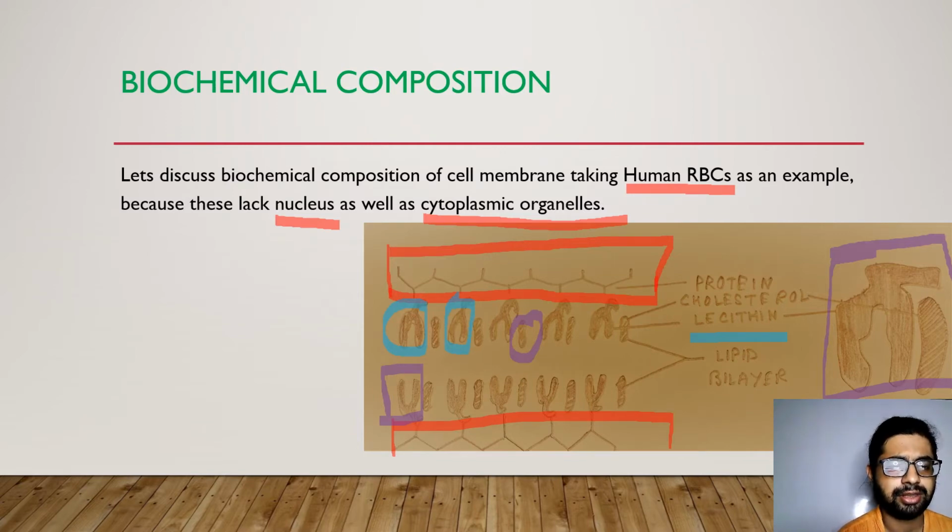So this is the basic concept. The new concept of the ultrastructure of the plasma membrane is described in the fluid mosaic model, which I will discuss in my next video. This is just the basic demonstration of the plasma membrane.